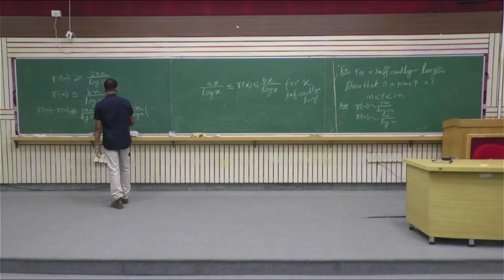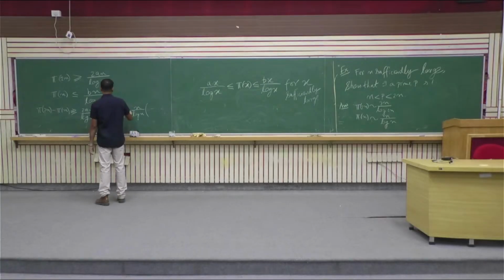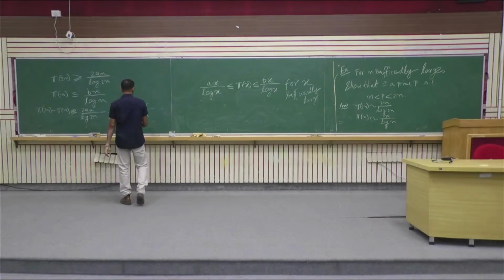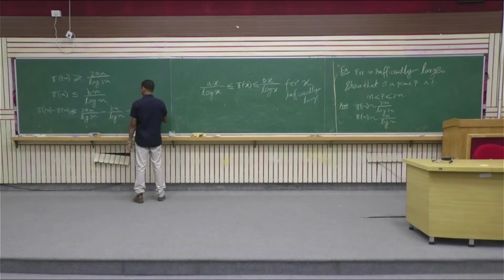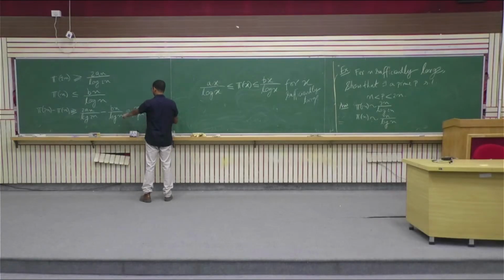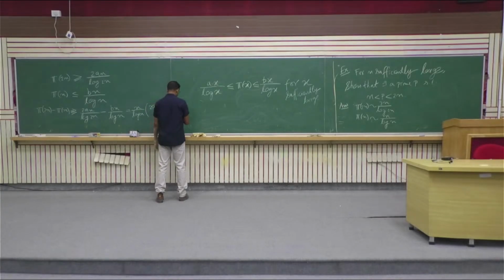So let's take n by log 2n common. That would give you 2a minus b times log 2n by log n, right?